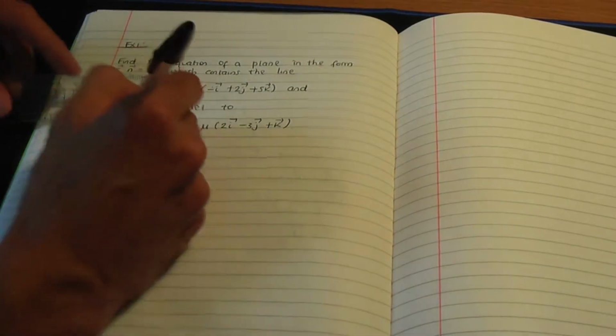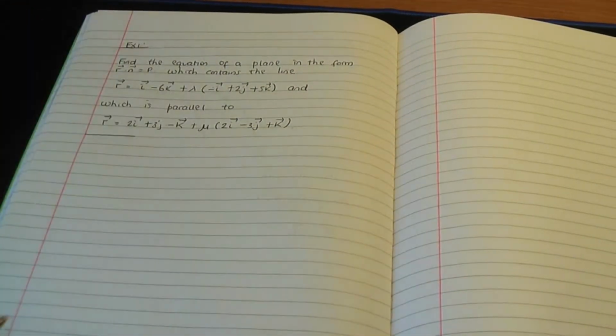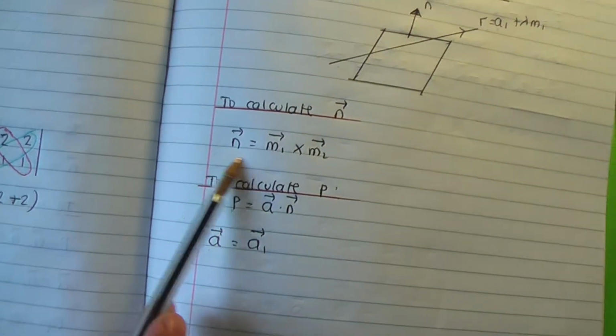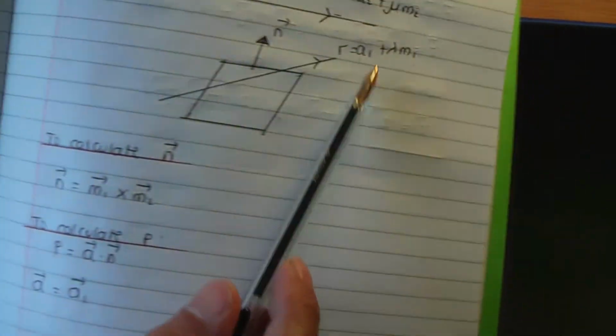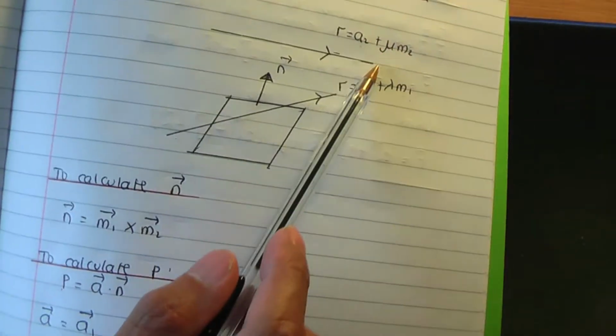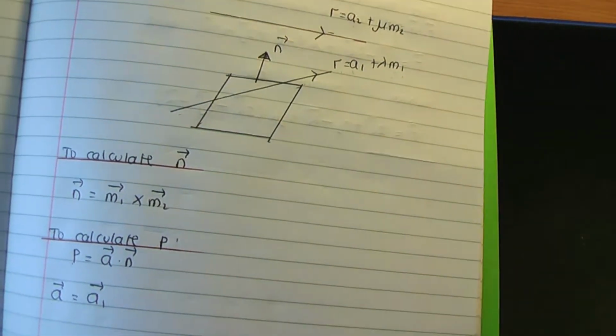So let's go over the methods as explained in the previous video. In order to work out the normal vector n, the normal vector n can be found by taking a cross product of the direction vectors of the lines.